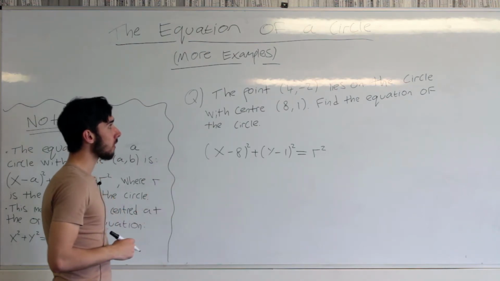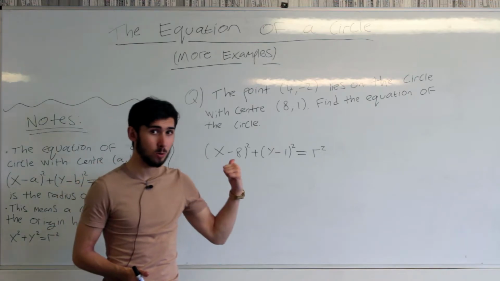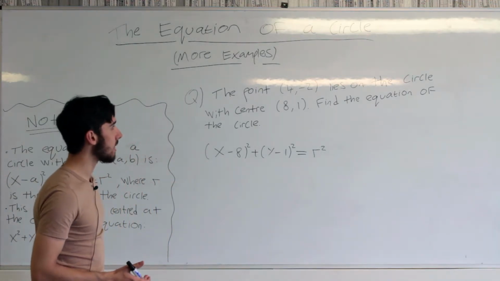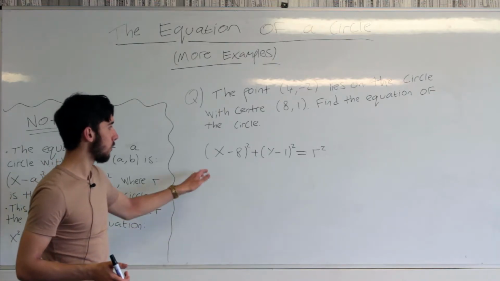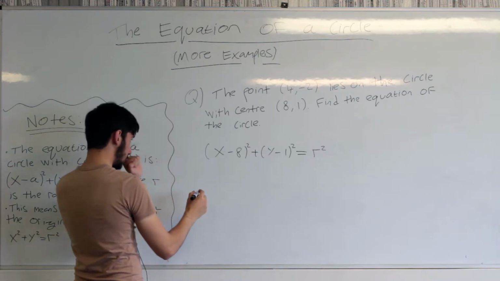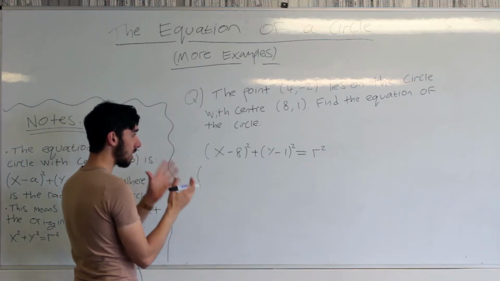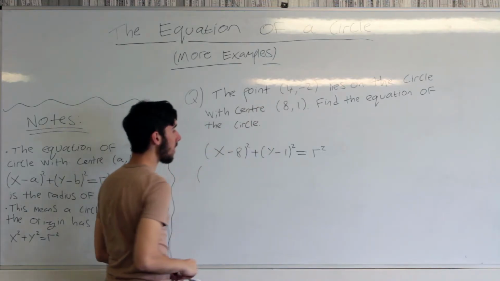We know that (4, -2) is on the circle. It tells us that in the question, which means there is a point (4, -2) that this equation satisfies. So we can fill things in. 4 is the x coordinate, -2 is the y coordinate.